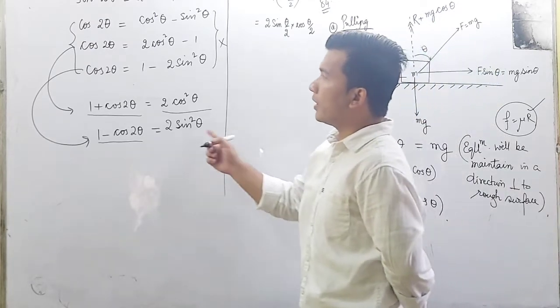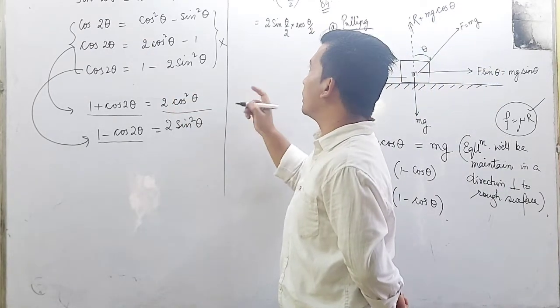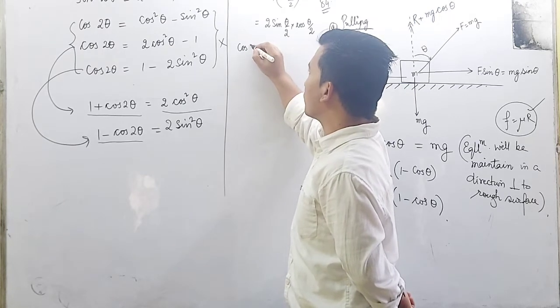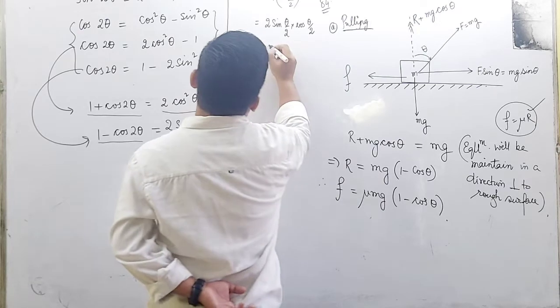Now finally, cos of 2 theta we can also express like this: cos of theta can be written as cos of 2 times theta by 2.